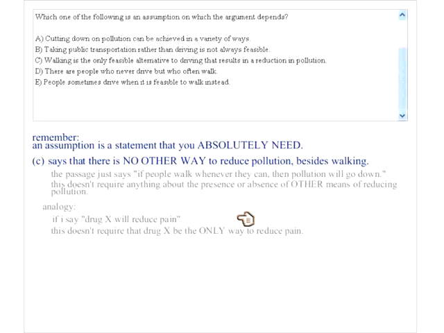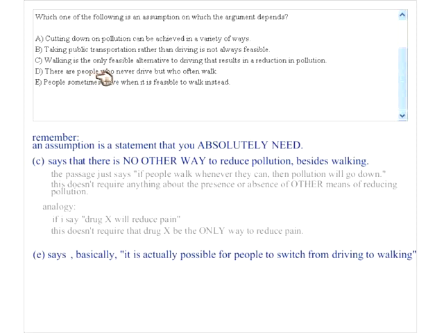Okay, now let's look at choice E, which is the correct answer. Remember, always through the lens of being required. Okay. E says, people sometimes drive when it is feasible to walk instead. What this means is, it is actually possible for people to switch from driving to walking.